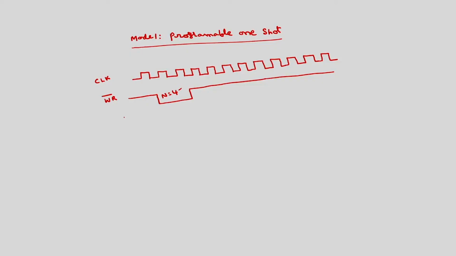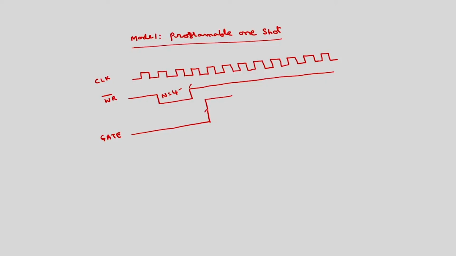Now, an additional point here is, unlike mode 0 where the gate signal will always be high, here the gate signal will be initially low. After write becomes high, the gate will go from low to high.